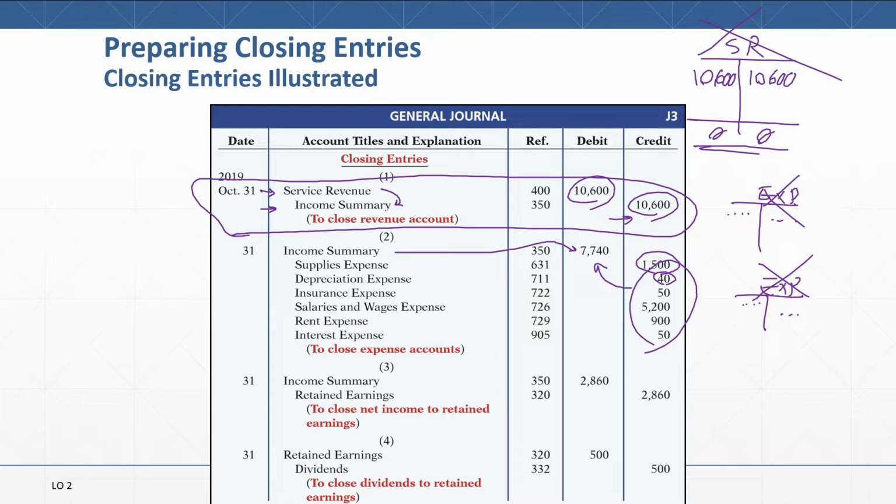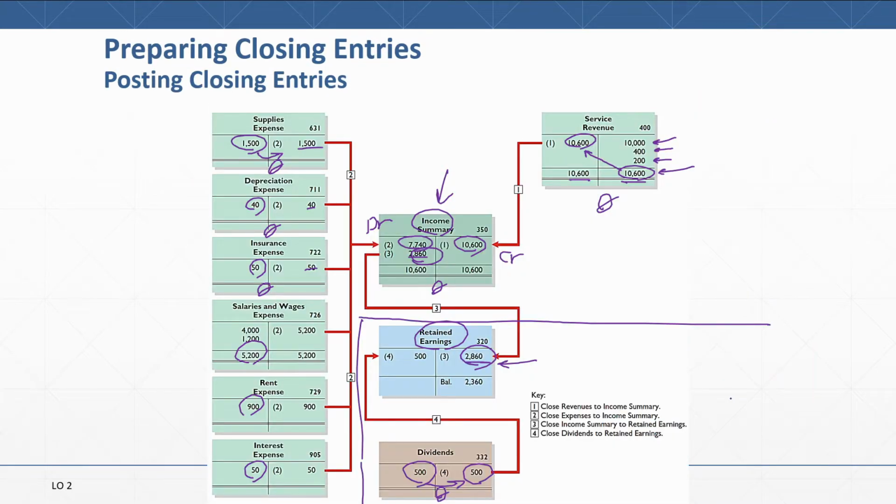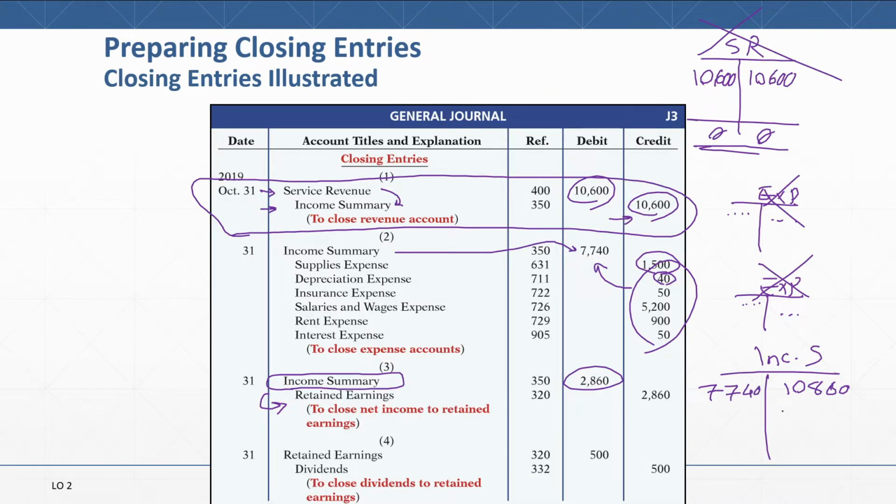In step 3, we close income summary itself to retained earnings. In this case, income summary is debited because we had a credit balance. Income summary had a 10,860 and then 7,740.